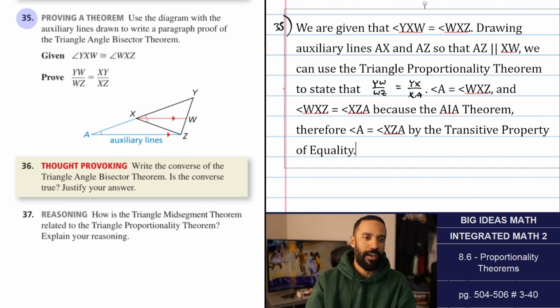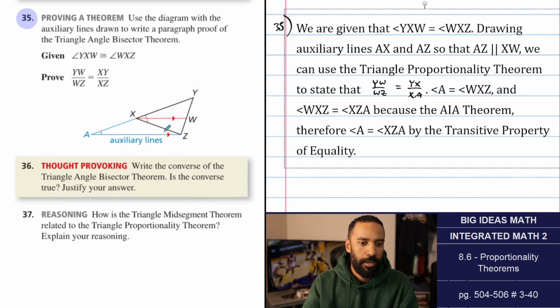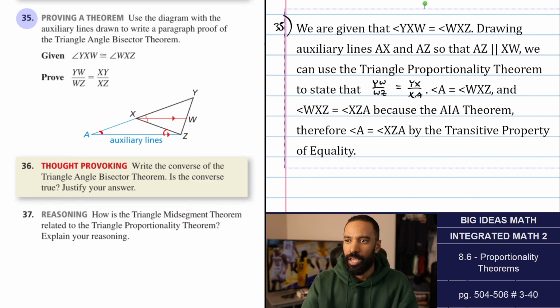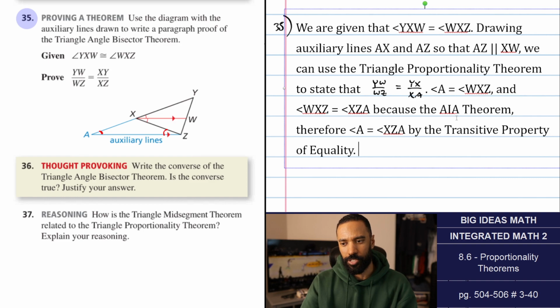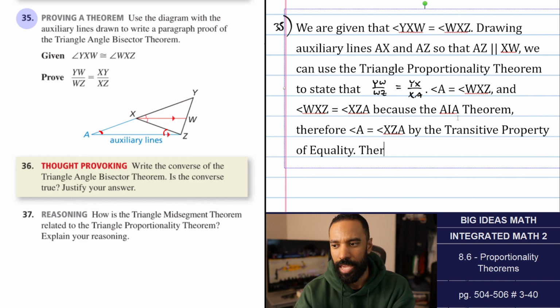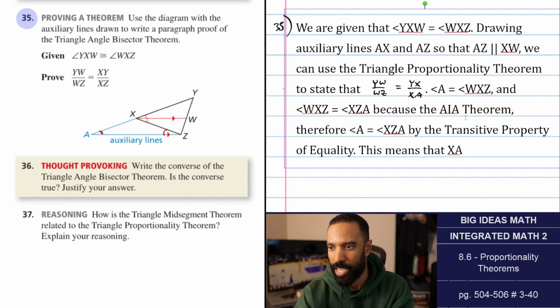So now I just found out that these two, boom, boom, are congruent to each other. And it's the thing for isosceles triangles, right? Therefore, let's see. This means that XA, we used XA earlier, right?